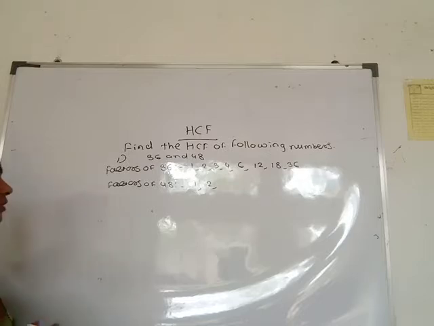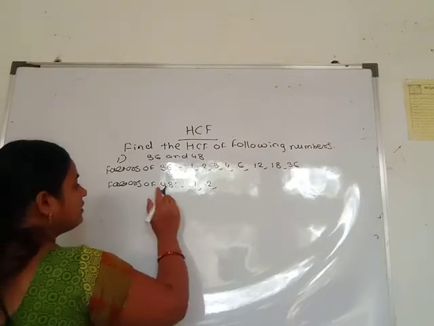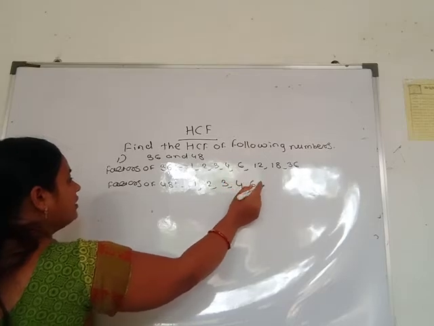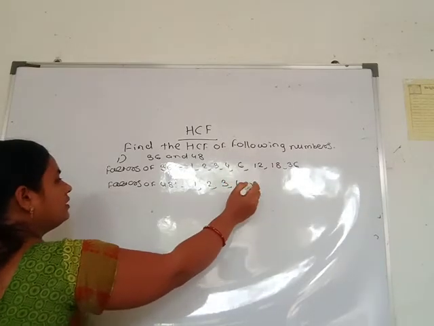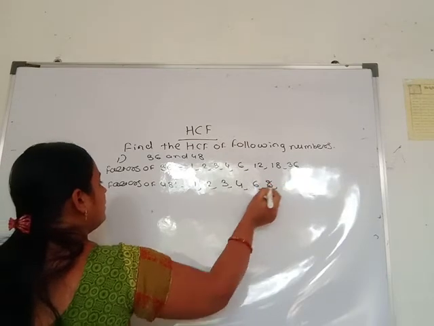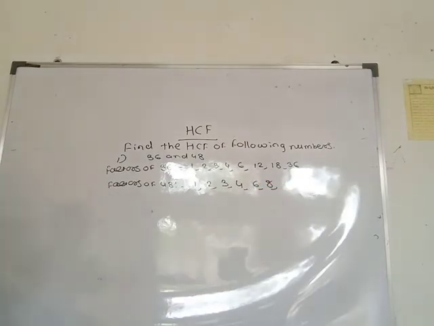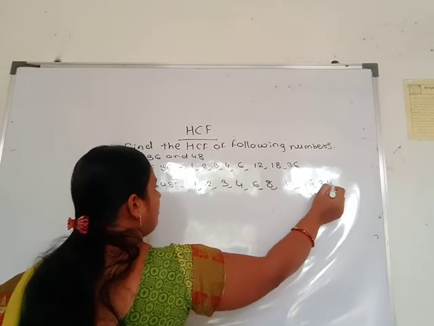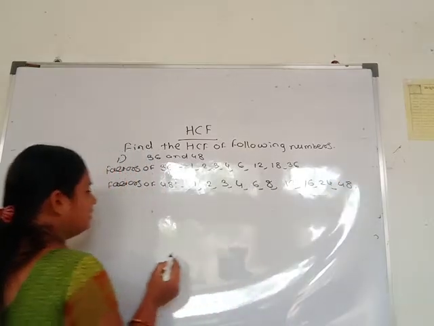You write all those numbers: 1, 2, 3, 4, 6, 8, 12, then 16, 24 and 48, the last number.